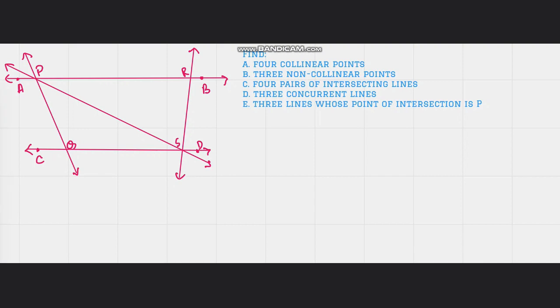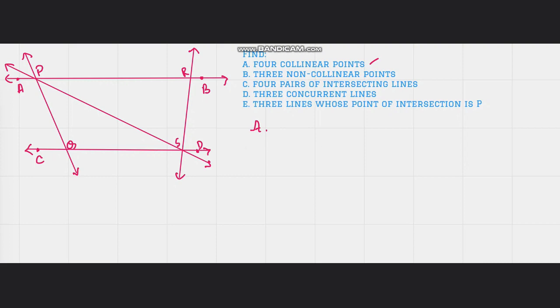Okay, let us take part A, 4 collinear points. Here we know that collinear points are points which lie on the same line. So we need to find 4 points that lie on the same line.